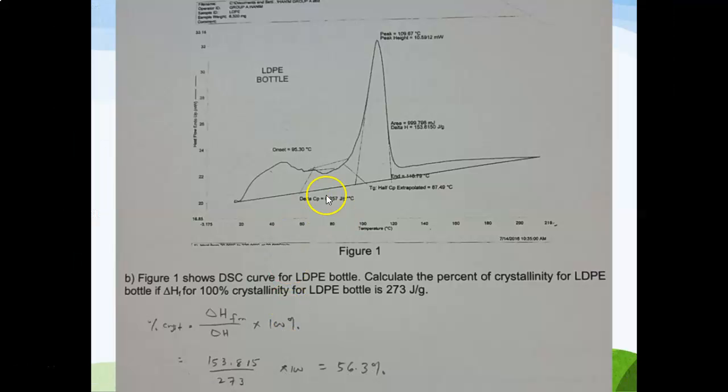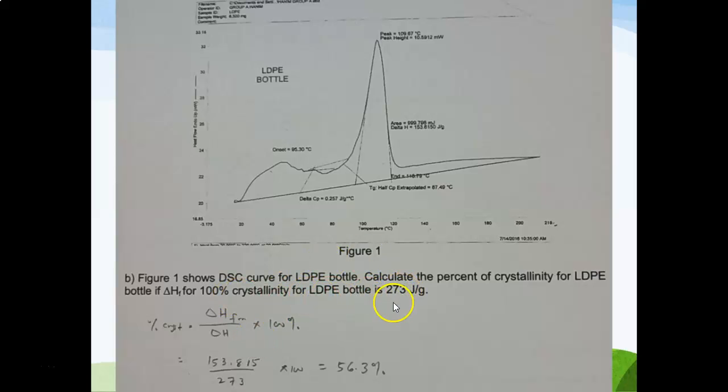As we can see in this example, you need to calculate the percentage of crystallinity for an LDPE sample. The delta H value is the delta HF of fusion that you need to read from the graph. The value of delta H for 100% crystallinity for an LDPE bottle is 275.